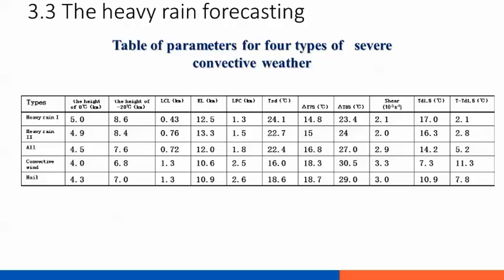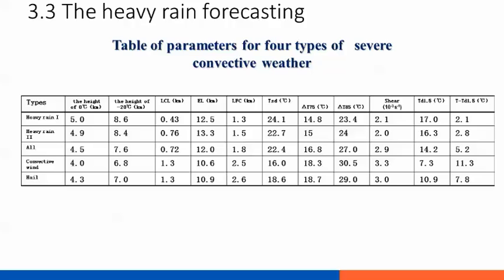The following parameters were used: the height of 0 degree, the height of 20 below 0 degree, the level of free convection, the surface temperature and dew point, the temperature difference between 700 millibar and 500 millibar, the temperature difference between 850 millibar and 500 millibar, the vertical wind shear of 0 to 6 kilometers, the dew point at 1.5 kilometers, and the difference between temperature and dew point at 1.5 kilometers.